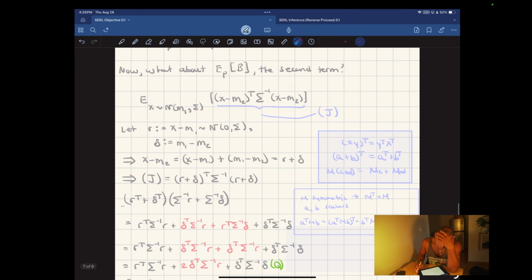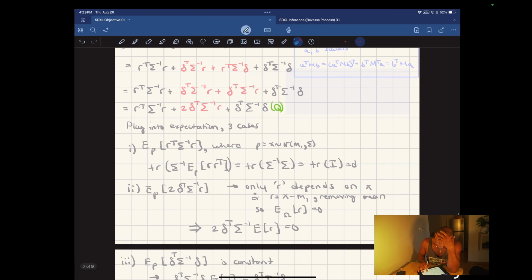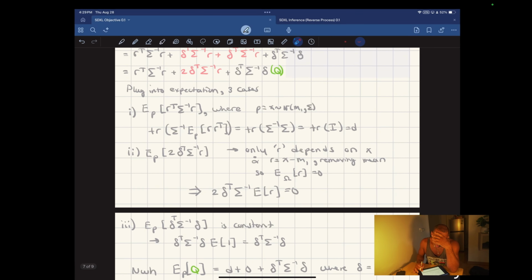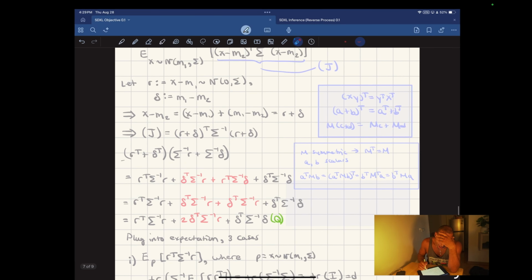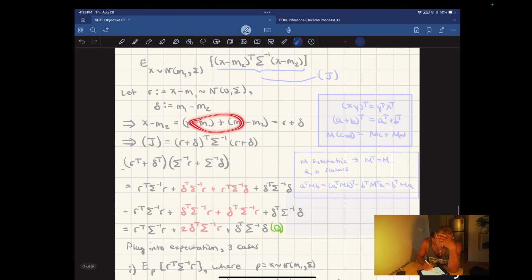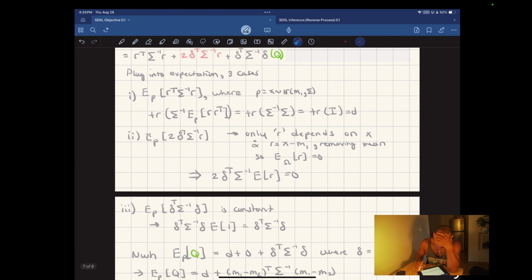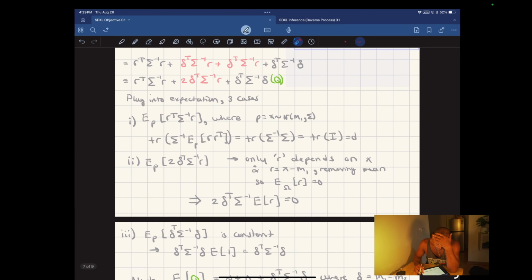That's what this is right now. So, and now you can see why we wanted to bring in M1 into there, because it's an expectation under P, and M1 is the mean of this distribution, right? So that's going to help us simplify things.